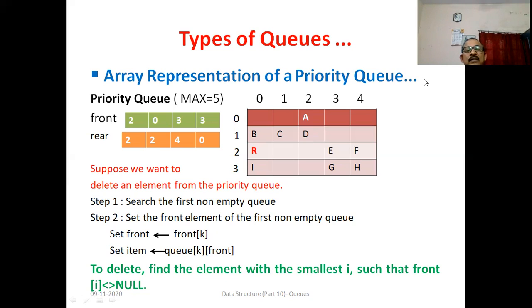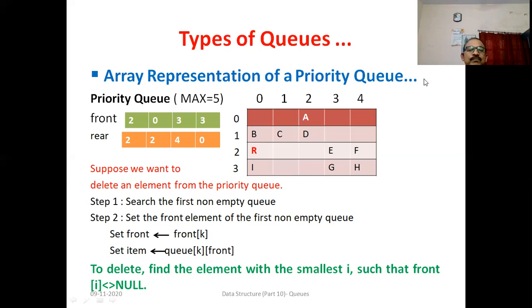So what is the first step? Search for the first non-empty queue. In this case, suppose A is deleted and Q0 is empty, then we have to search for the next non-empty queue. What is it? Priority queue 1. Next step, get the front element of the first non-empty queue. Front is equal to front K. And what is the value of K?